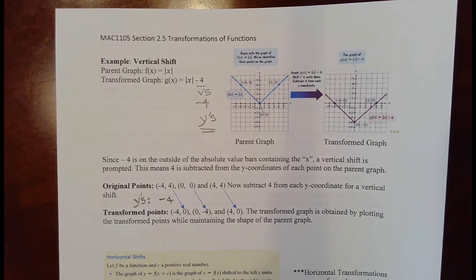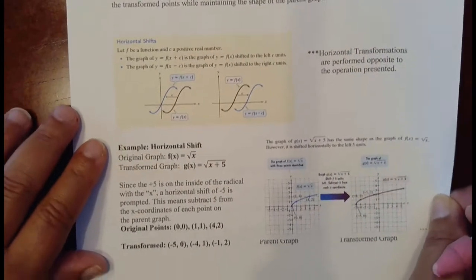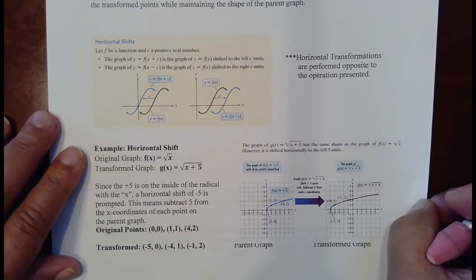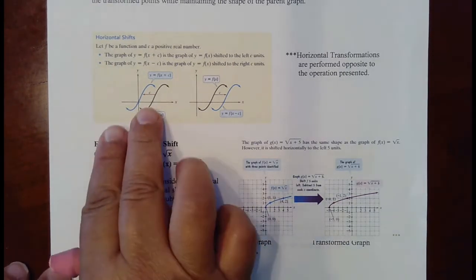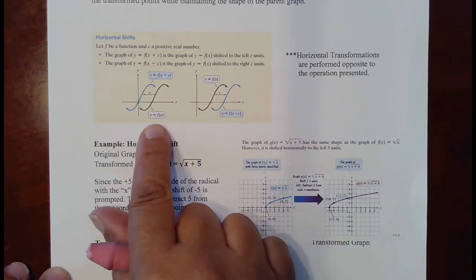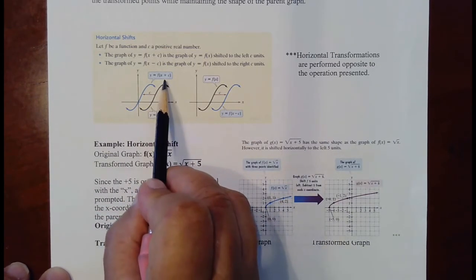Now let's move to horizontal shifts and see if you can get the distinct differences between a vertical shift, which we just went over in the previous example, and a horizontal shift. In a horizontal shift, you're shifting either to the right or to the left. So for instance, if the original function was f of x, and all of a sudden you see that they're trying to get you to carry out this kind of transformation, let's make this a little bit bigger.